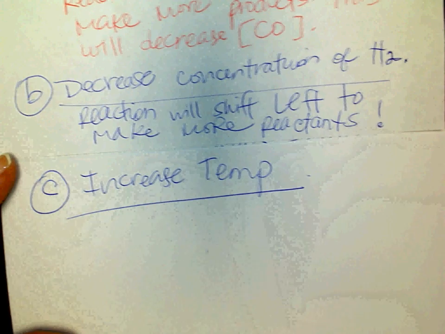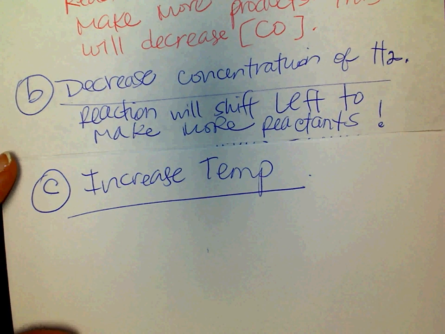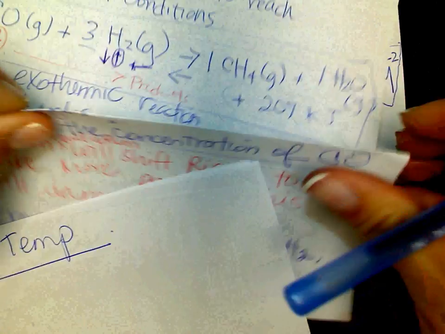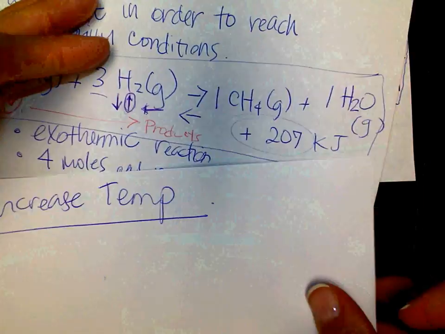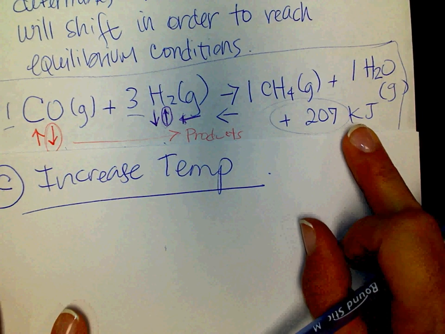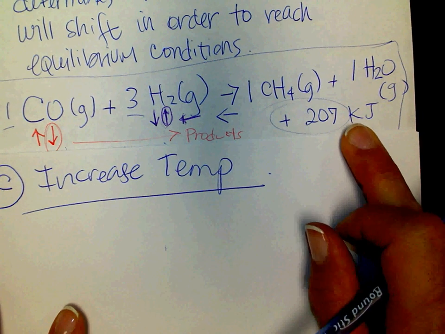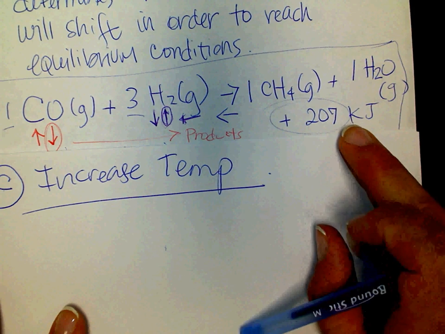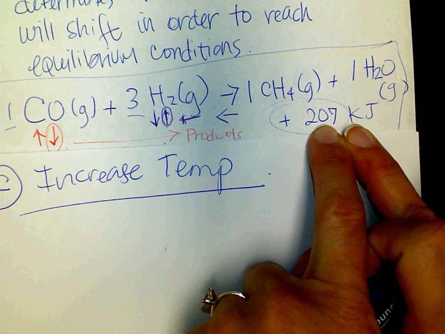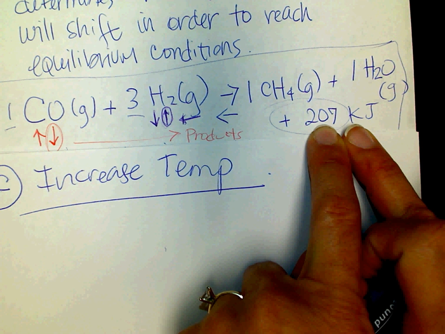All right, let's say we increase temperature. Well, guys, you've got to look at it this way. Is heat a reactant or is heat a product? Heat is a product. So if we increase temperature, it's like we're adding heat, correct?